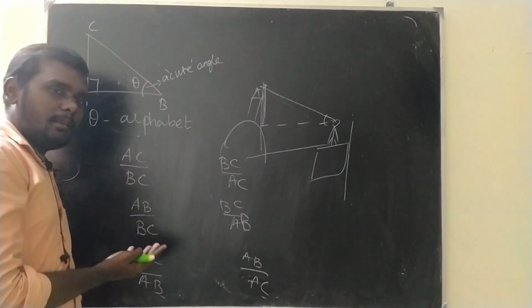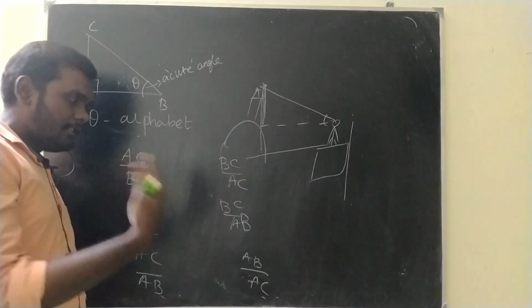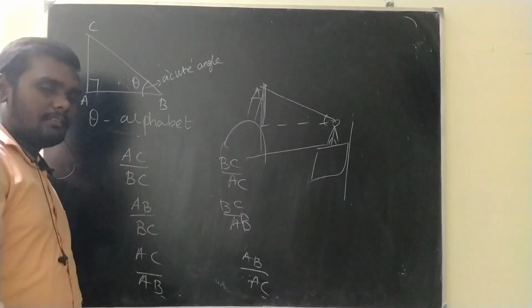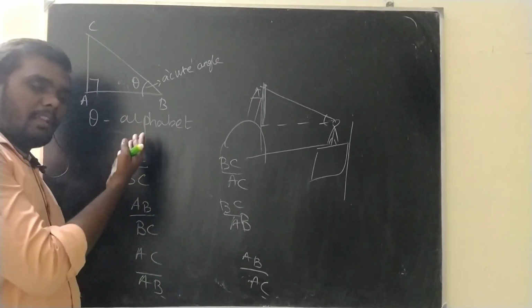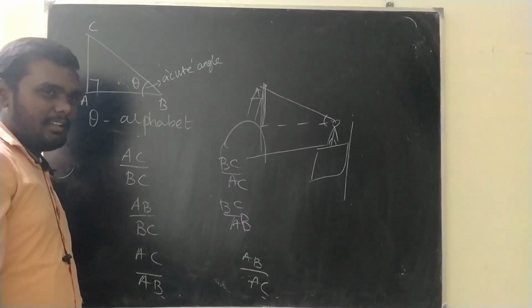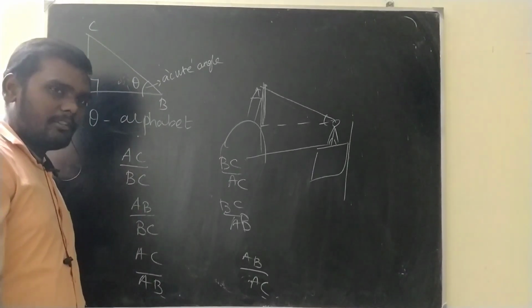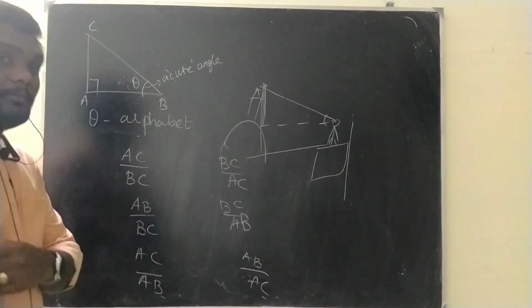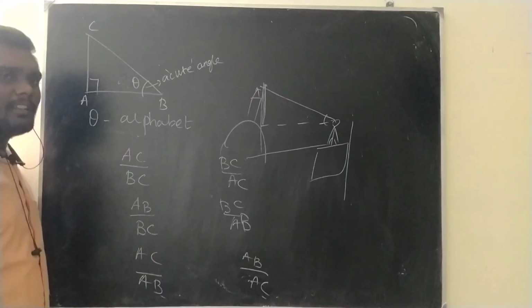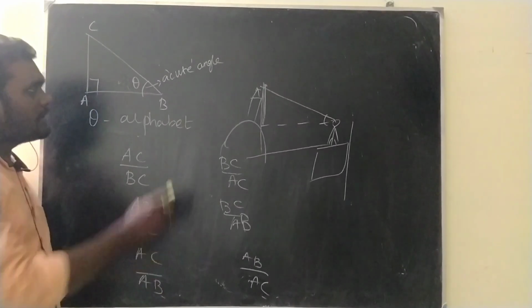Apart from this, are any other things possible? No. So, wherever these situations come, is it okay to write everything in the same manner, like AC by BC? Wouldn't it be time consuming? Time consuming, right? Okay. So for that we are giving them names based on the position of theta.